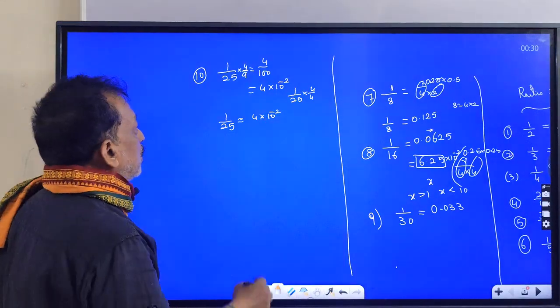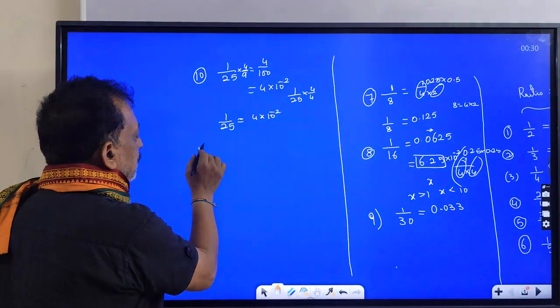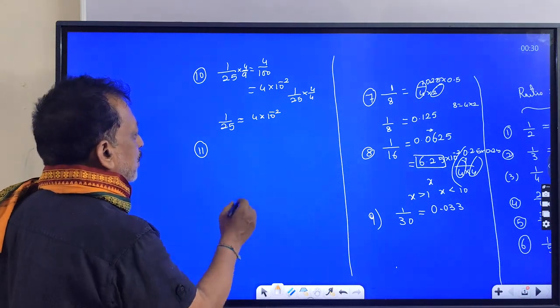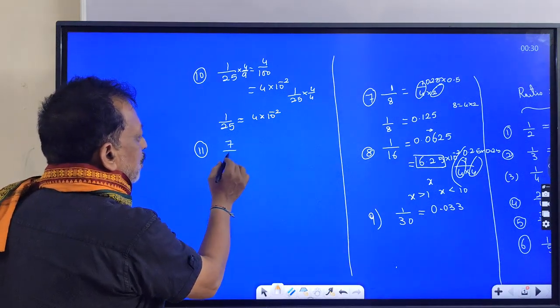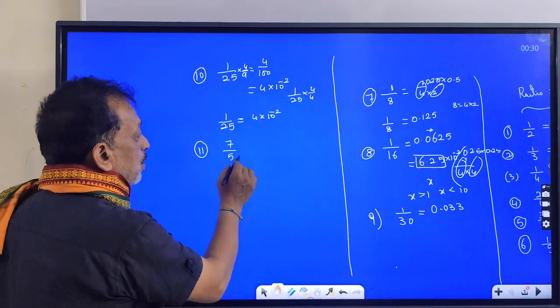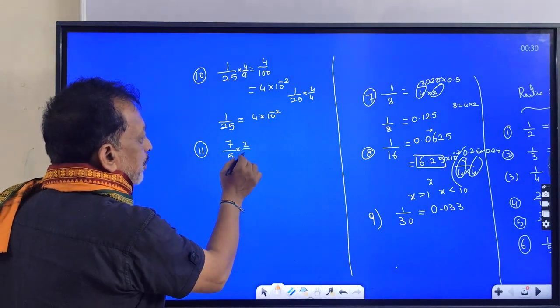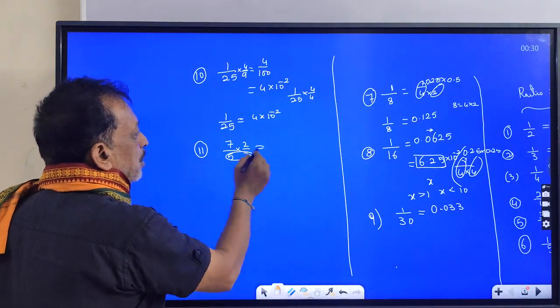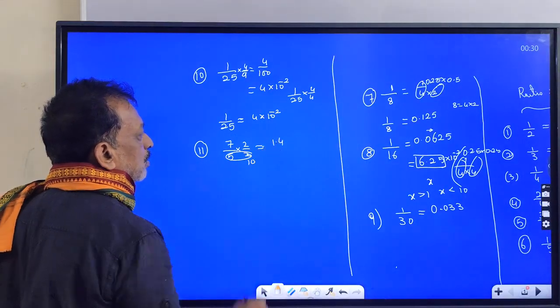This is the value. Now suppose you take any number, say 7 by 5. What to do? Multiply and divide by 2. This becomes a 10, and that is equal to 14 over 10, which means 1.4. See how easy it is.